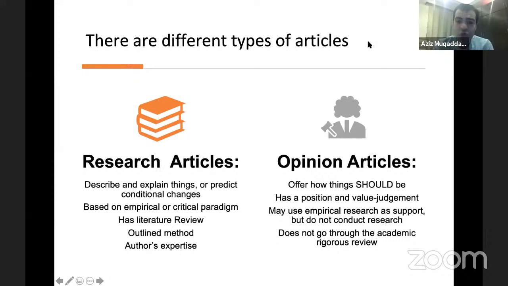There are two things that we can call an article: research articles and opinion articles. Research articles involve the process that I talked about in the last class, which is to say they aim to explain phenomena in a way that analyzes it into more basic components and then predicts the relationship between different variables.